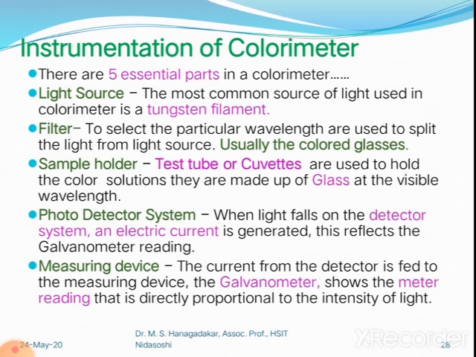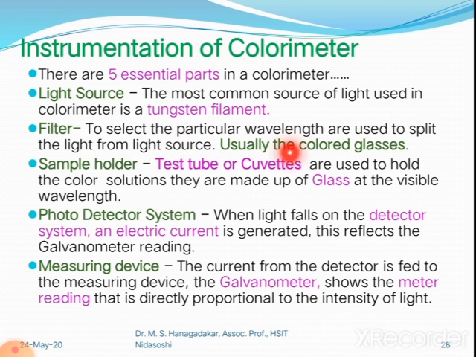Now let us discuss in brief these 5 important components present in the colorimeter. The first one is the light source. The most common source of light used in the colorimeter is a tungsten filament. The second one is the filter, used to select a particular wavelength by splitting the light from the light source.